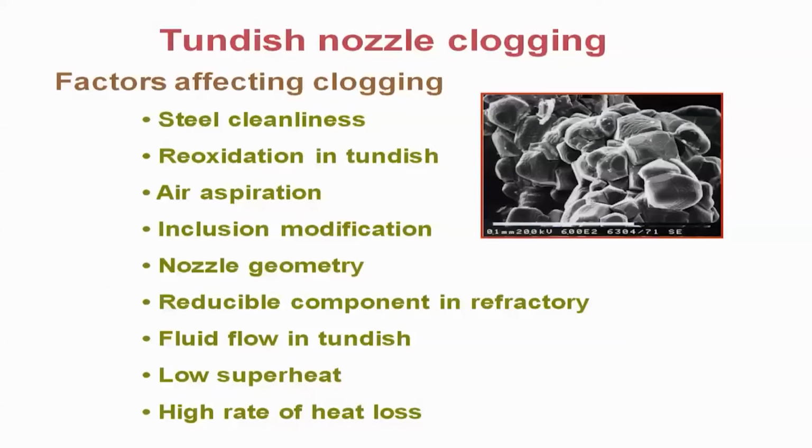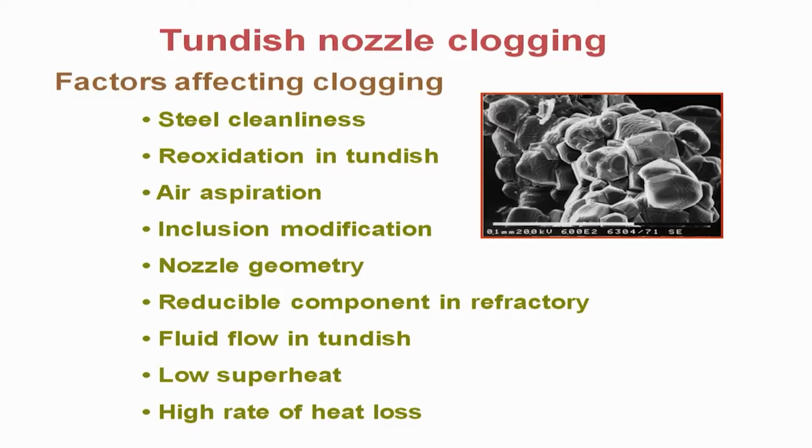Now, this nozzle clogging, I was talking of the nozzle clogging, this Tundish nozzle basically means the sub-entry nozzle, because from the Tundish liquid steel is coming to the mold through the sub-entry nozzle. So, by Tundish nozzle I mean the sub-entry nozzle port clogging that I have been talking about. So, what are the factors which affect clogging? I have been discussing this.